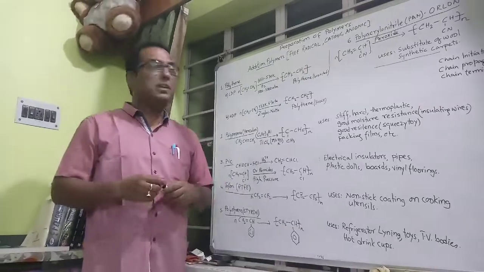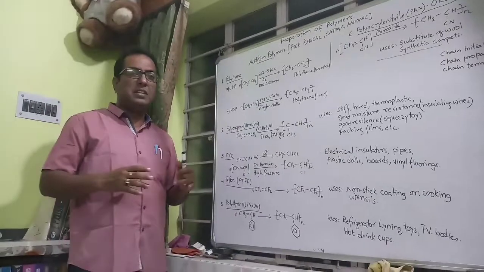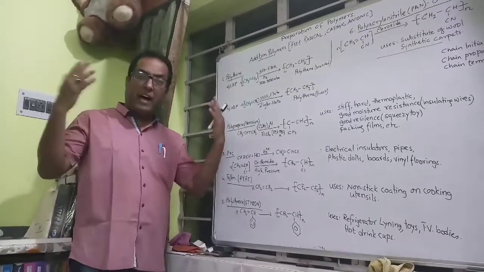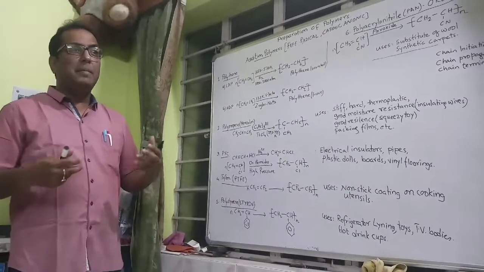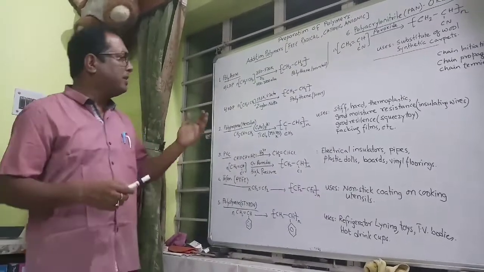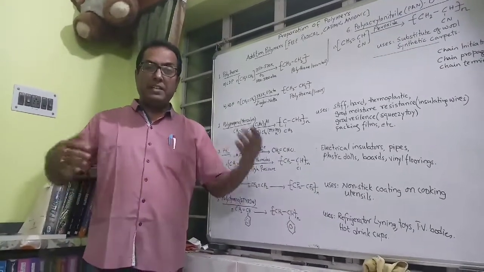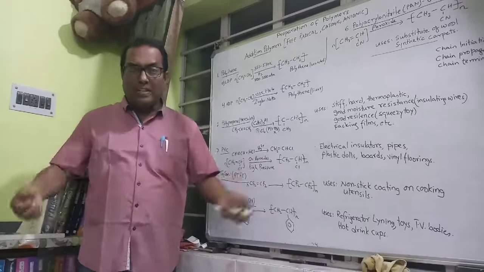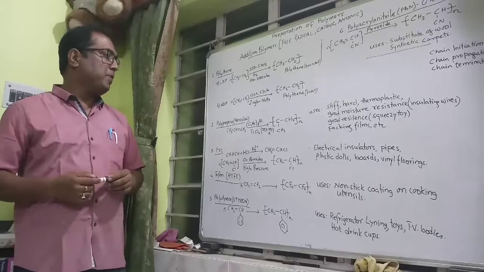These types of things we make through LDPE. And HDPE means high density polythene. They have a high melting point, and they are used for making polythene items which are very hard, like dustbins, chairs, water buckets, mugs. So in this case we use high density polythene.